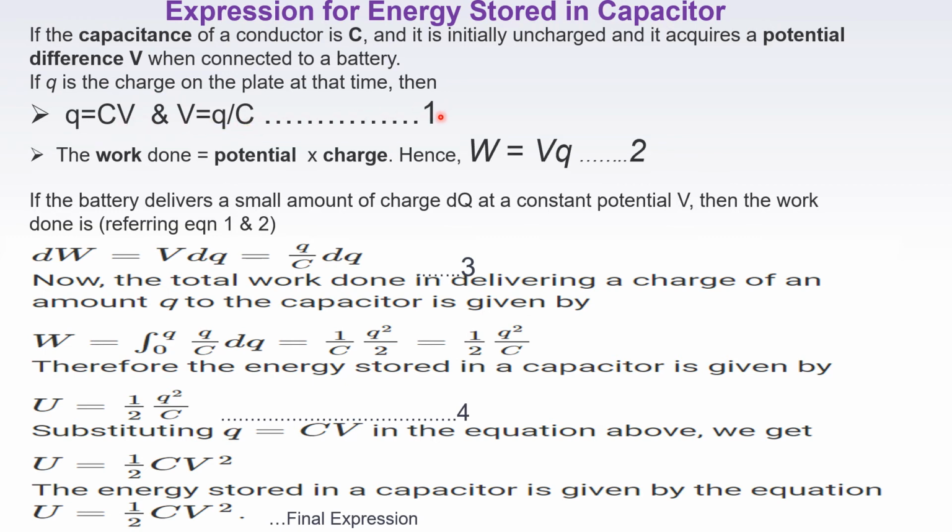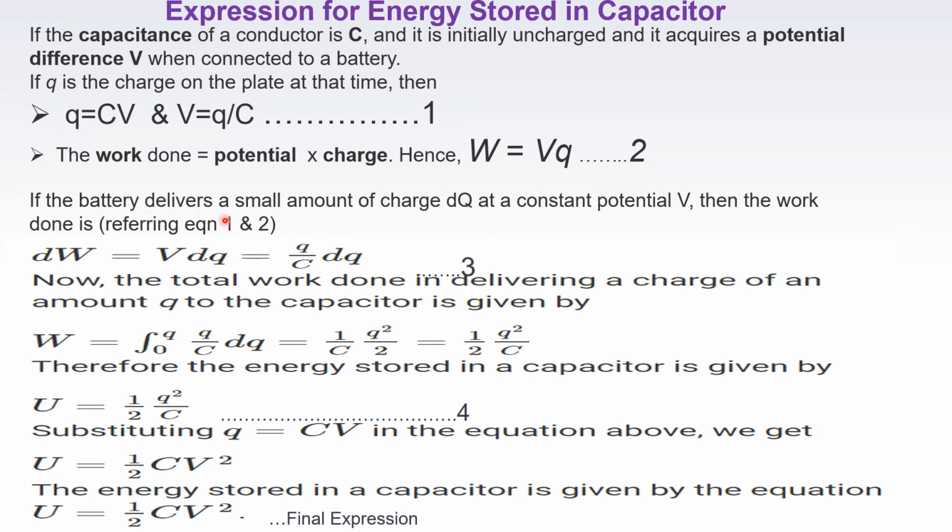This is equation 1. The work done to move charge is equal to potential into charge. So that is given by work done W, potential that is voltage V, and charge is Q. So W is equal to VQ. This is our equation number 2.